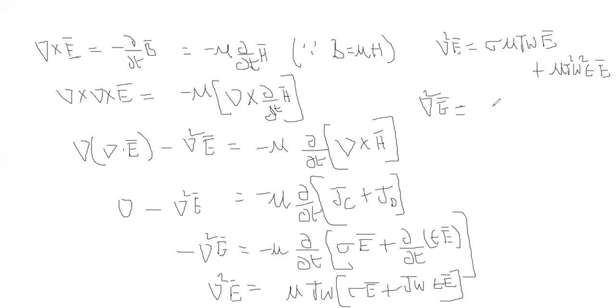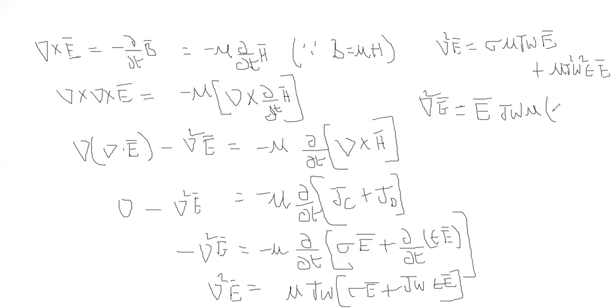E bar is a common term, so take E bar out. Then after that there is j omega mu, so j omega mu is a common term. Take it out and multiply. What is the remaining?